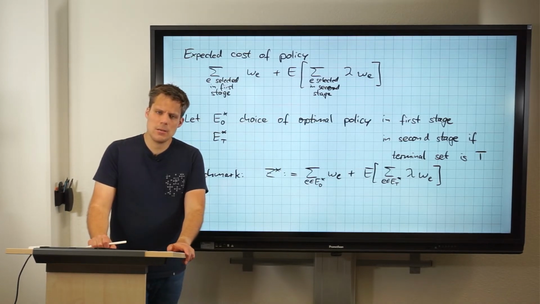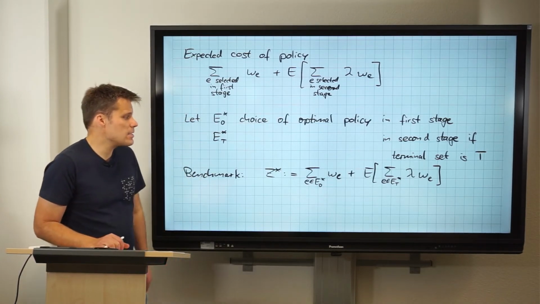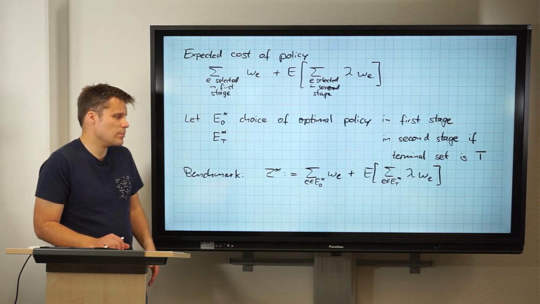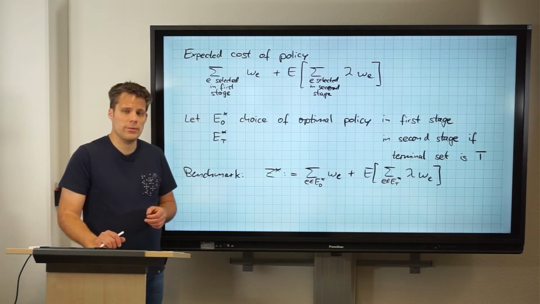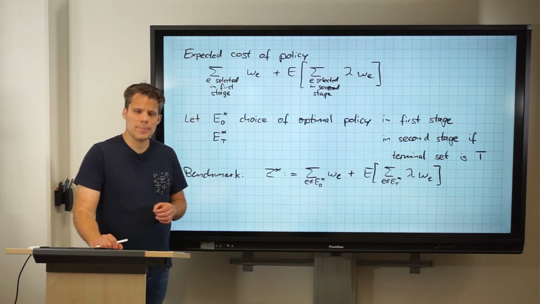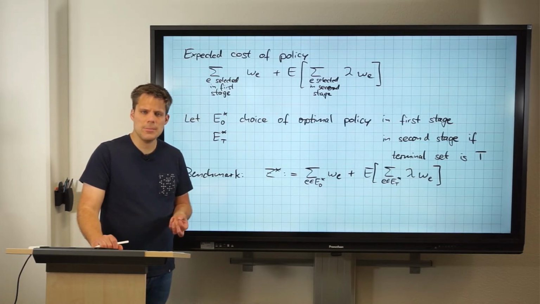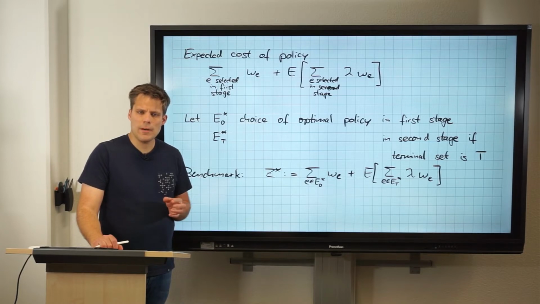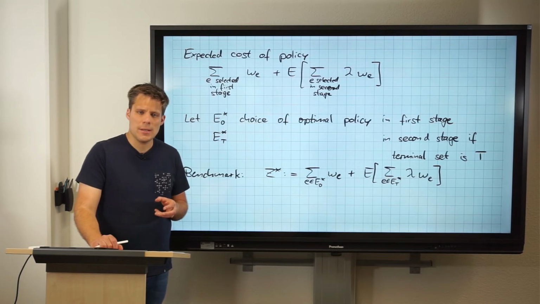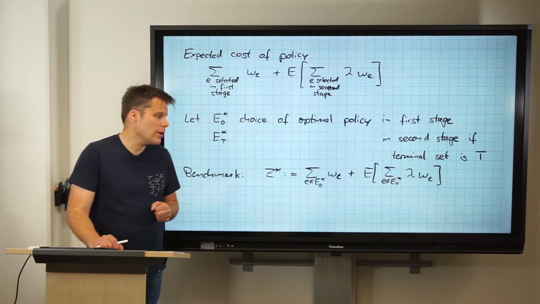And for this problem, we'll see a very simple algorithm which approximates the optimal policy. It will not use linear programming, but instead it will just be very combinatorial. It will look very similar to the algorithms that we saw for the Steiner tree problem so far.